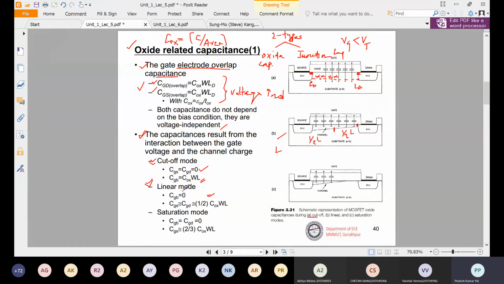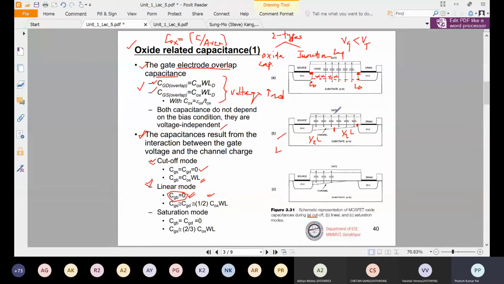But at that time CGB, that is gate to body, because of the channel presence, there will be no gate to body capacitance. So gate to body capacitance will be equal to 0. Is that clear? As a channel is formed, the gate to body capacitance will not be there.